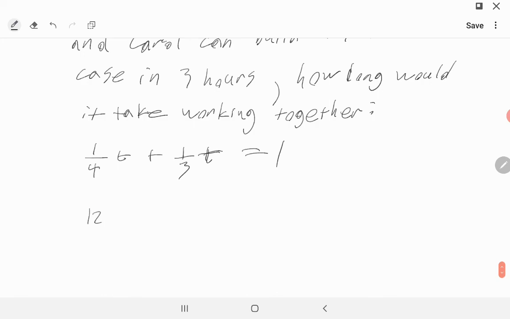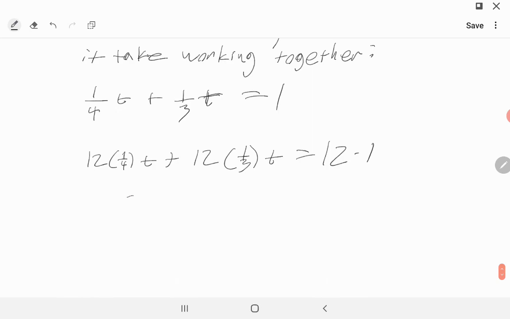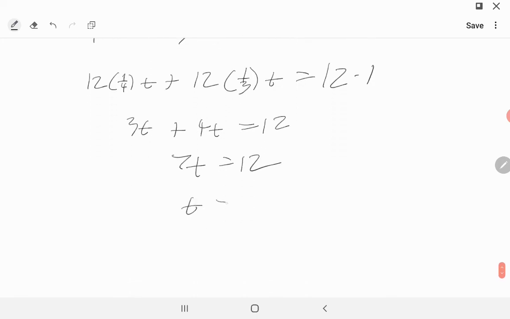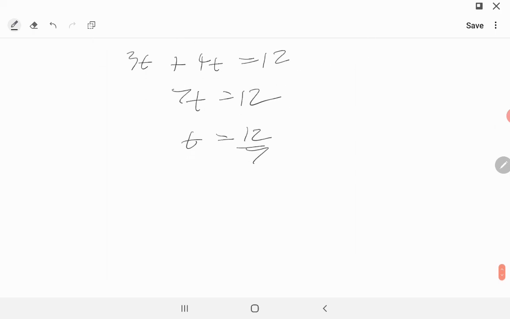We're going to get 12 times 1/4 plus 12 times 1/3 equals 12 times 1. So that means we get 3t plus 4t equals 12. 7t equals 12. And so t is 12/7. Or we can think of it as being 1 5/7 hours.